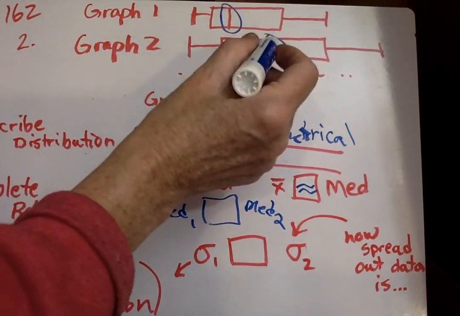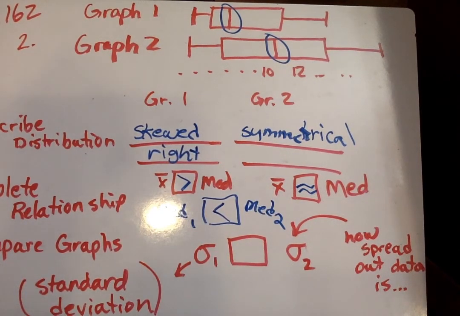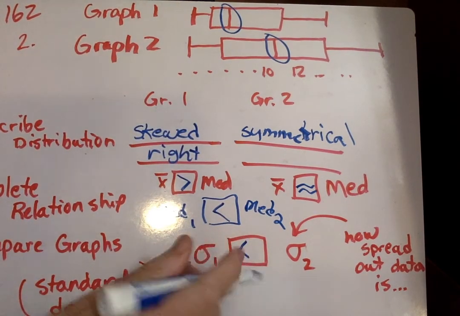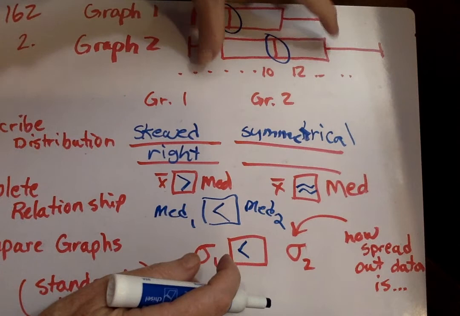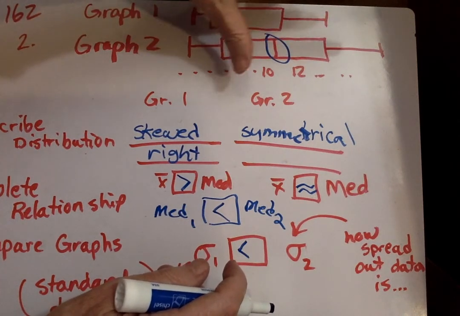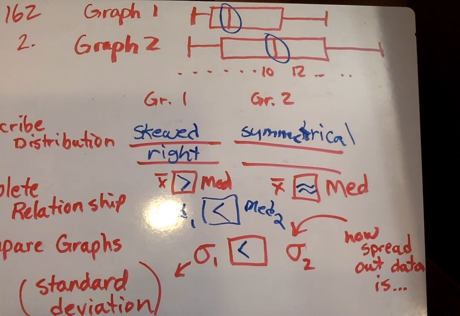So this one is going to be less than that one. Okay. And the standard deviation is also going to be less than here. See how this data is way spread out? And this is together here. If I move that over to here, this one's more spread out. So this standard deviation has to be less than the other standard deviation.